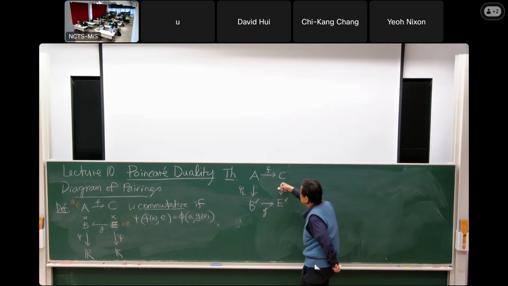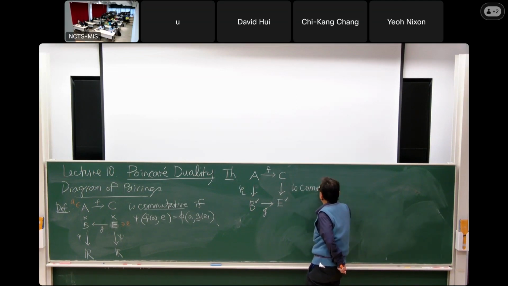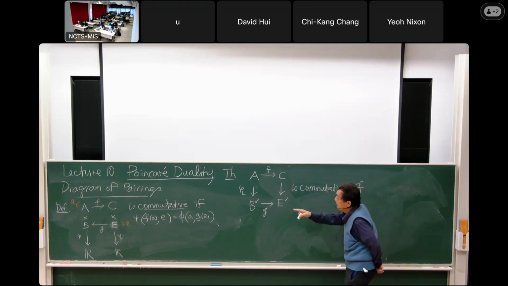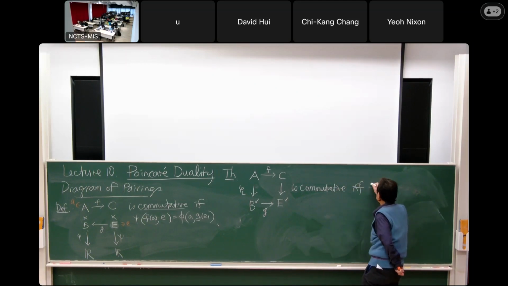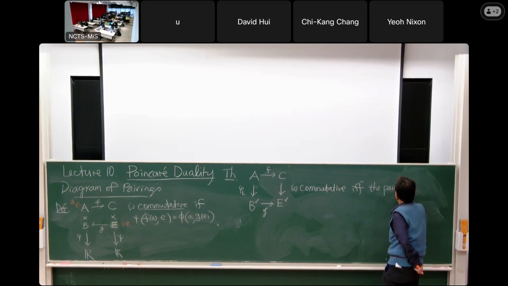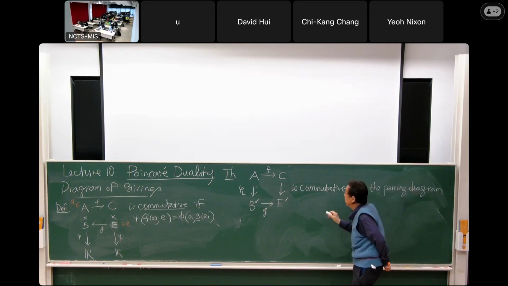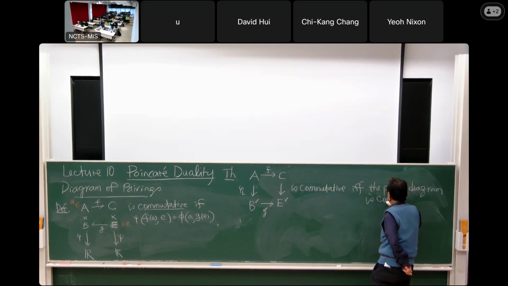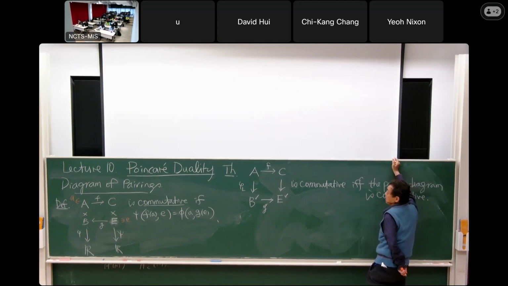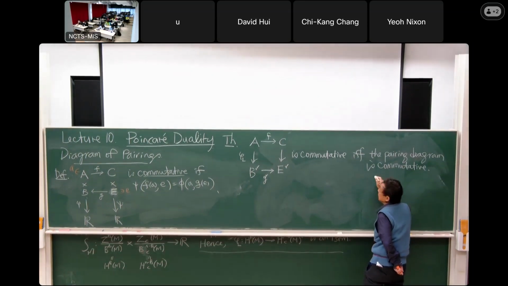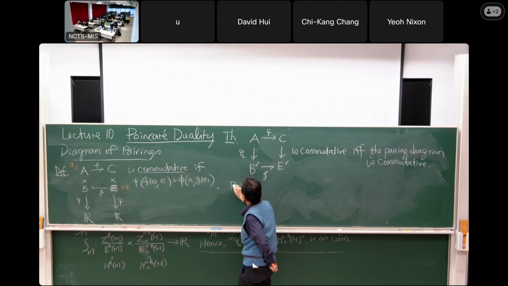So this diagram is commutative if and only if the pairing diagram is commutative. Okay, and let's prove this.